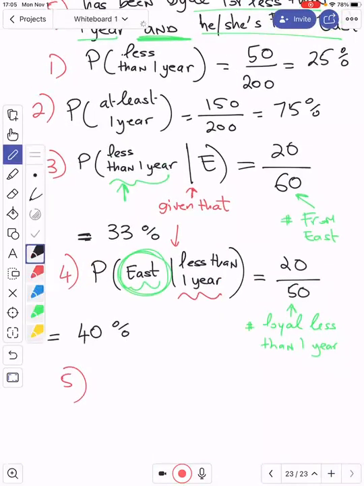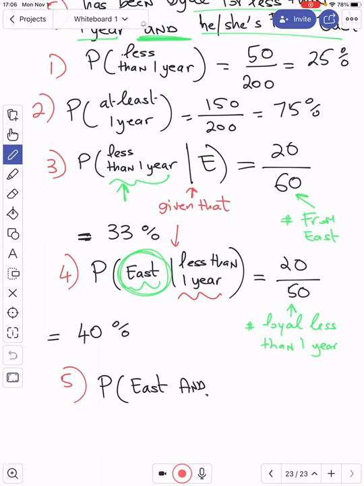So this is a probability of from the East, and he or she has been loyal less than 1 year. So that's 20, because we have 20 customers from the East and they have been loyal for less than 1 year over the total number of customers, right?